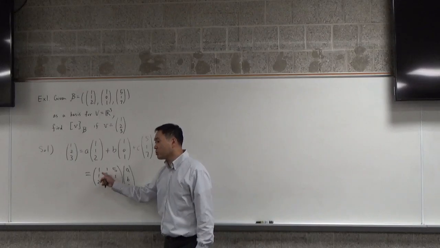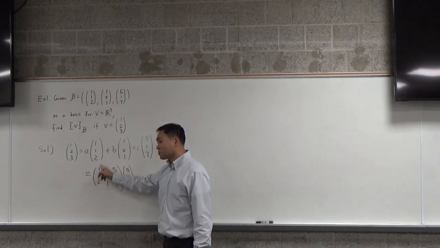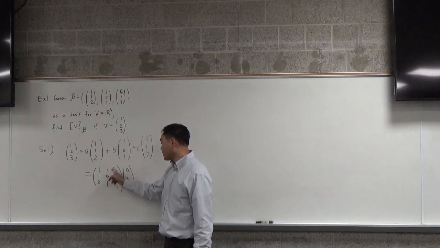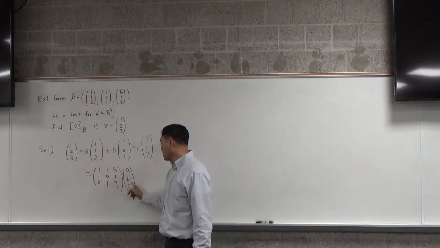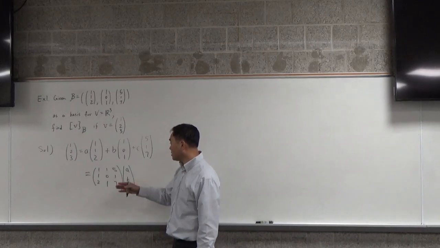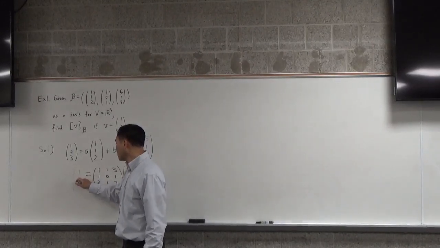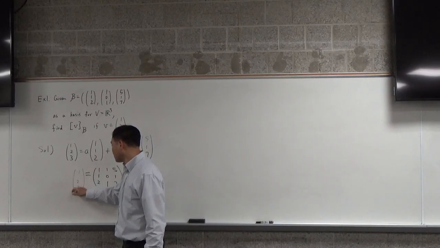As you can see, if you multiply it, the first column gets multiplied by A, the second column gets multiplied by B, and the third column gets multiplied by C, and you're trying to solve this equation.